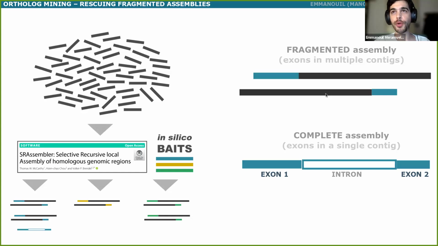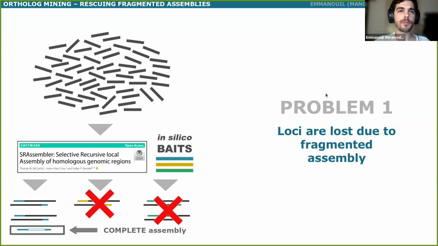So this was the first problem that we had to solve, because even though we could see that there was interesting information in these fragmented assemblies, the assembler did not consider them and only considered the complete assemblies.